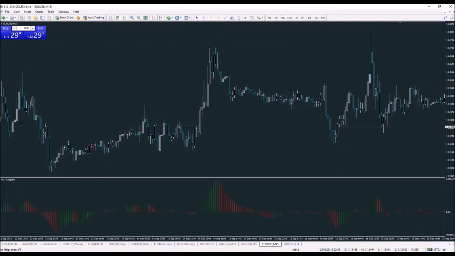Therefore, we combine it with the momentum indicator, which is a slower indicator, and it can give us a bit more heads up on whether the particular trend is going to be sustained, strong, whether its signal is reliable, and we can trade it.